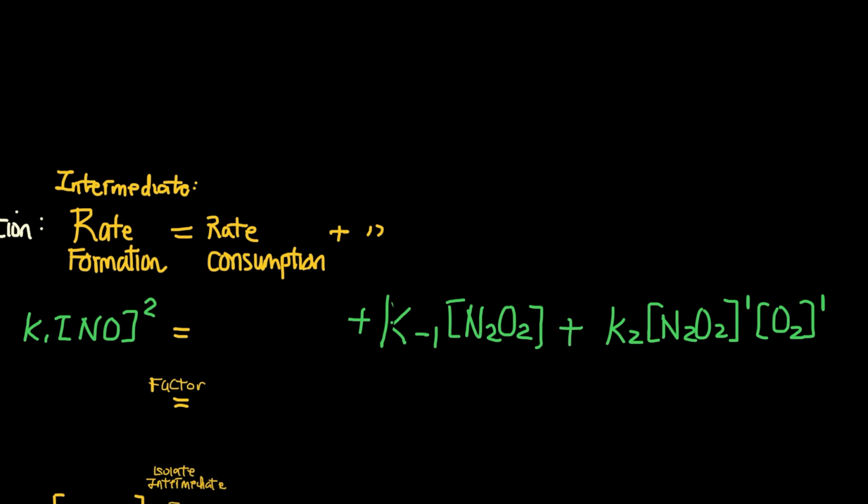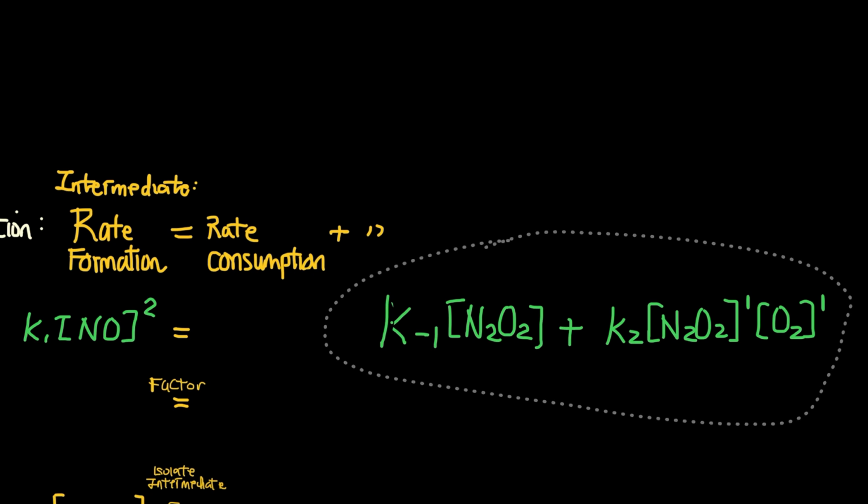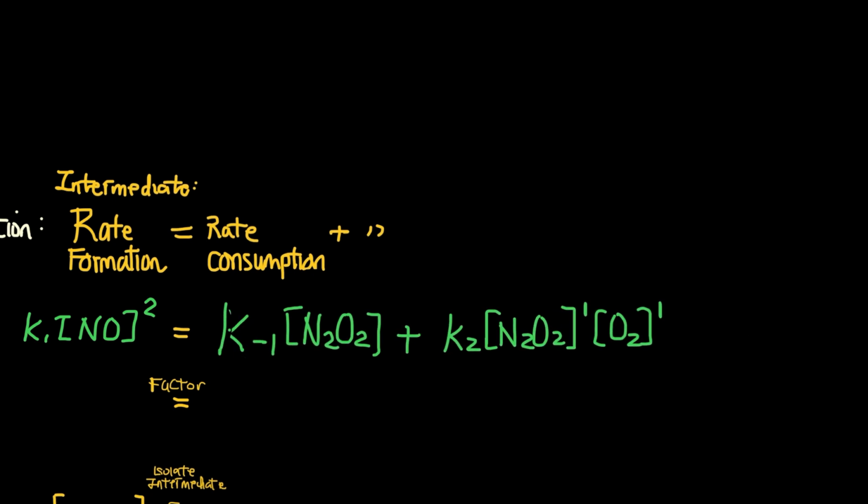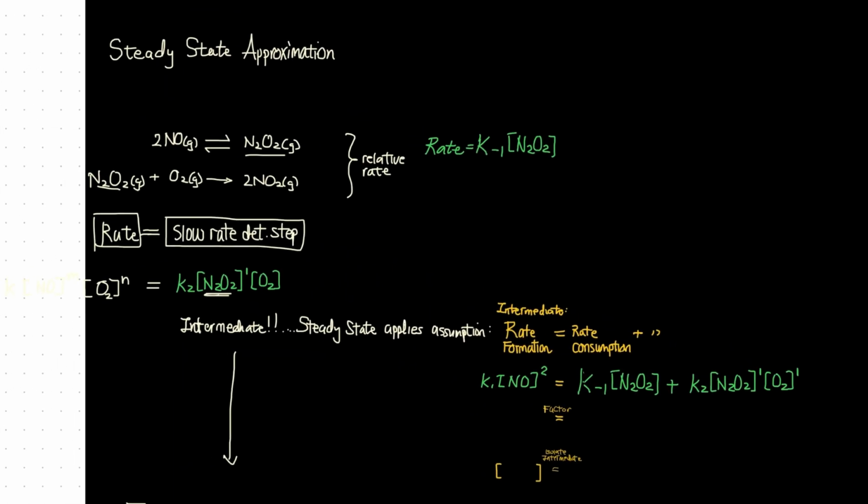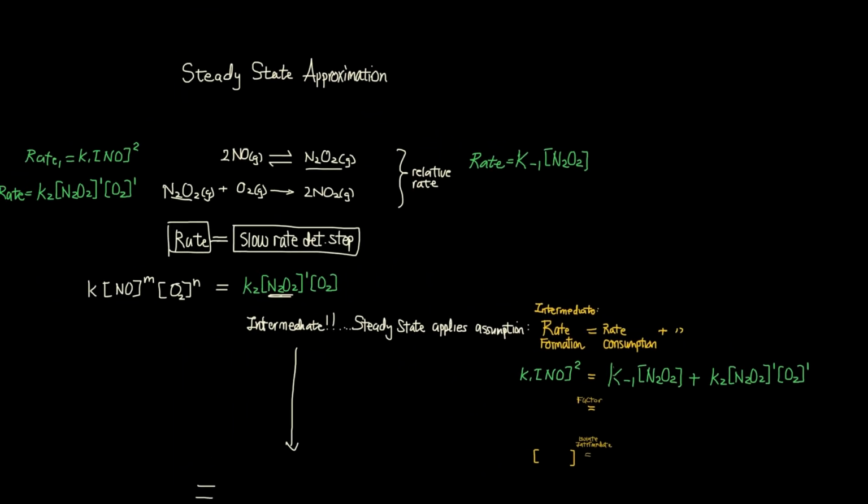There. So we should be good now. Okay, let's just double check. The rate of formation is a forward reaction. Yep. And the rate of consumption is a reverse reaction. Yep. And also the consumption of the second equation.